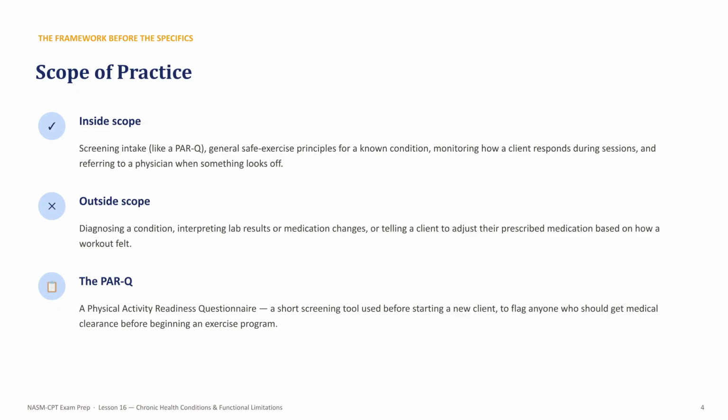And the PAR-Q itself, a physical activity readiness questionnaire, is a short screening tool used before starting a new client to flag anyone who should get medical clearance before beginning an exercise program. Get this inside versus outside split very clear before we move into specific populations. This shows up constantly on the real exam.